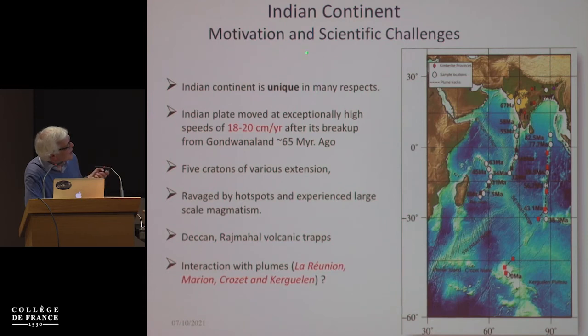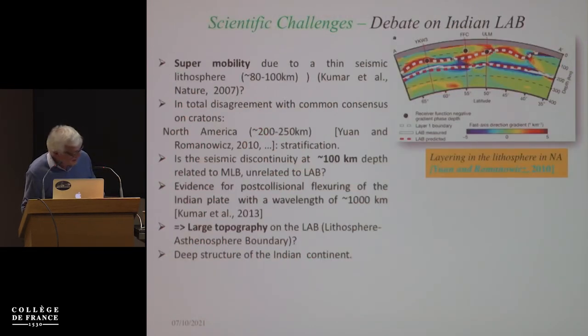And so it was interesting to try to address the issue of the continental structure of the Indian continent. Some people in India say that this supermobility is due to the fact that it is a very thin continent, and there were some papers about that, but that was before it was discovered that there was this mid-lithospheric discontinuity.